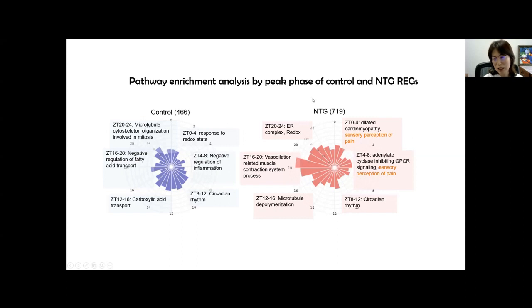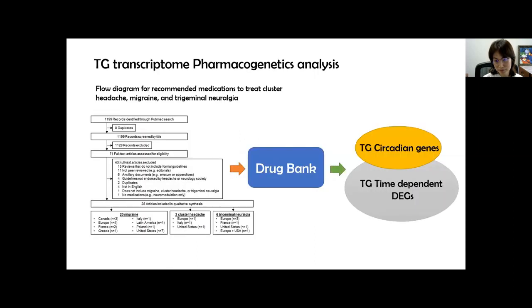And interestingly, the NTG group has this enriched pathway for sensory perception of pain during the early morning time, which kind of corresponds to when mice are more sensitive to pain. So we have this molecular evidence for this highly sensitive morning time.